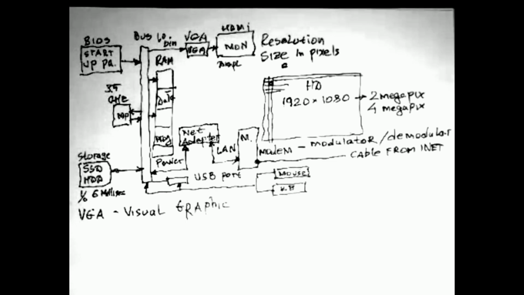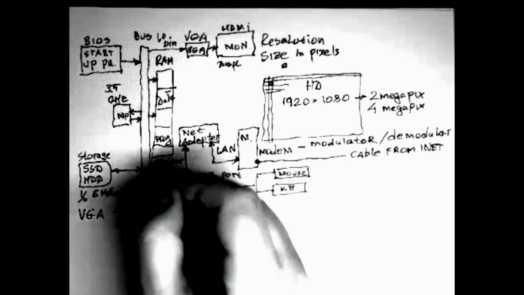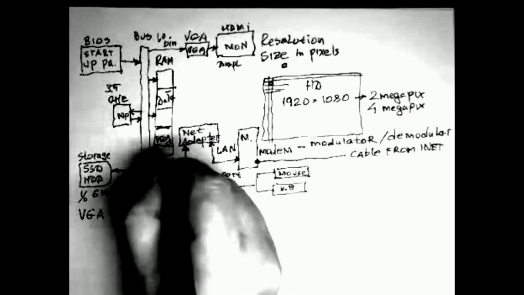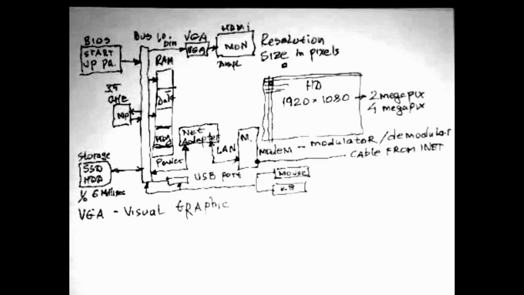How can it be? When you turn on the power, the first element that feels that everything is powered up is BIOS, basic input output system. It will send the initial program, which is actually recorded inside of its internal memory, into the bus, and the bus immediately will retranslate it to the random access memory, to the area of the programming. That is the area where the program will be sent.